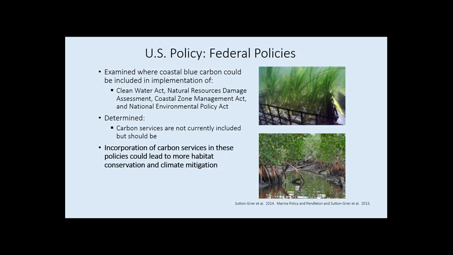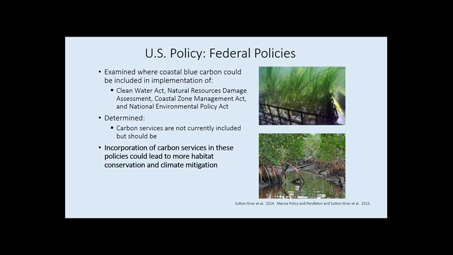So when we have a Clean Water Act project, and it's going to affect a wetland, so for example, we might be building a bridge or a road that's going to go through a wetland, an assessment of the impacts to that wetland is performed, and then we determine some kind of a mitigation ratio. So if 1 hectare of wetland is going to be impacted, we then determine maybe we need 3 or 5 hectares of wetlands to be able to compensate for those lost services.